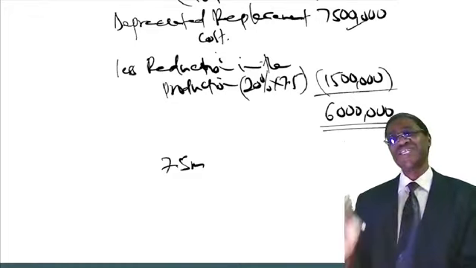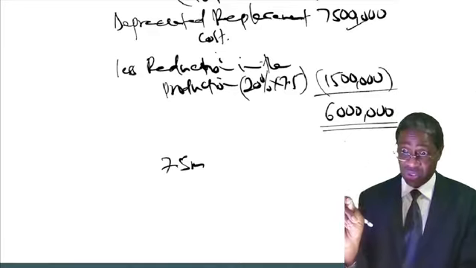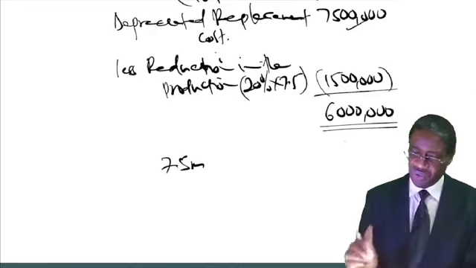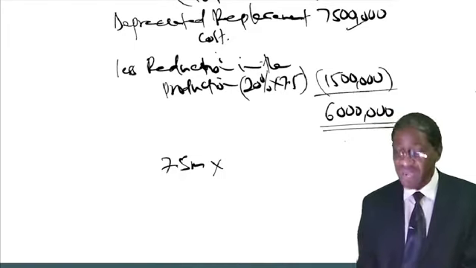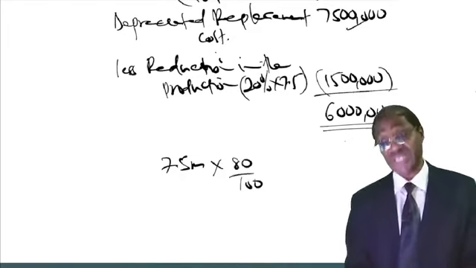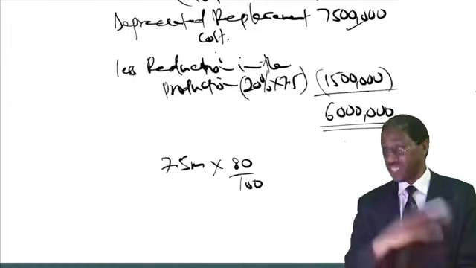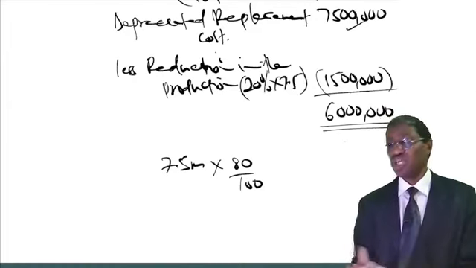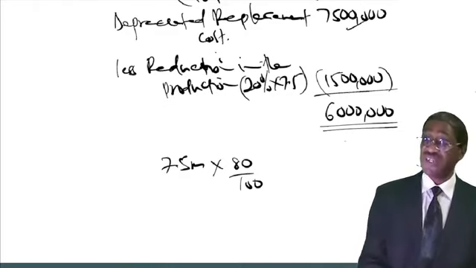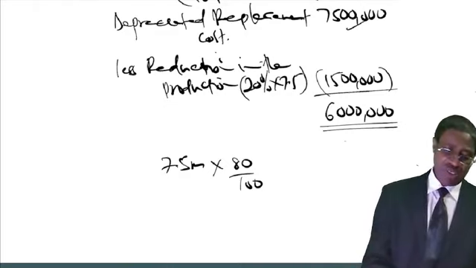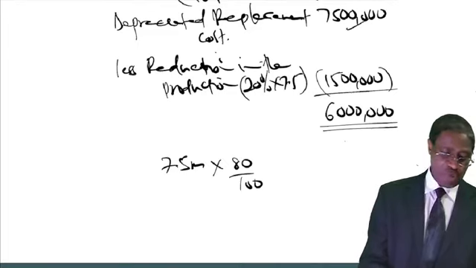Once you get the depreciated replacement cost, to get the value in use, you can take the proportion of the remaining service potential, 80% remaining efficiency, because it has lost 20%. So if you take 80% of 7.5, you still remain with 6 million. That's what I want to confirm as another way of computing the value in use.